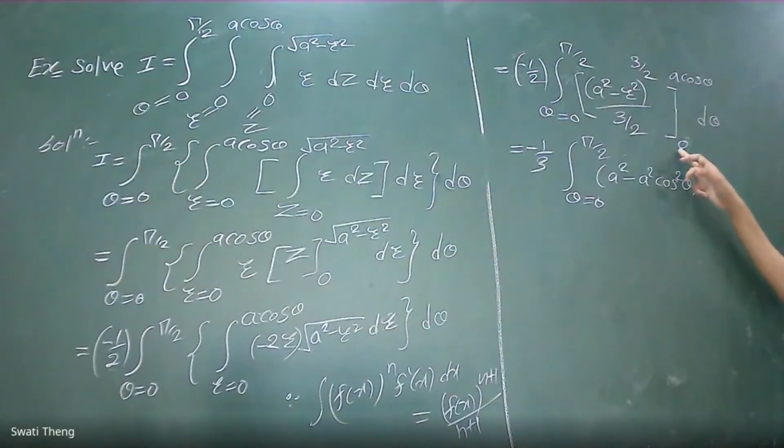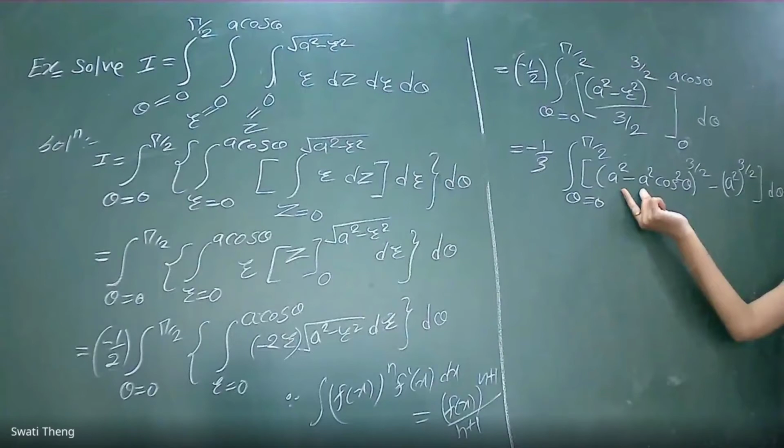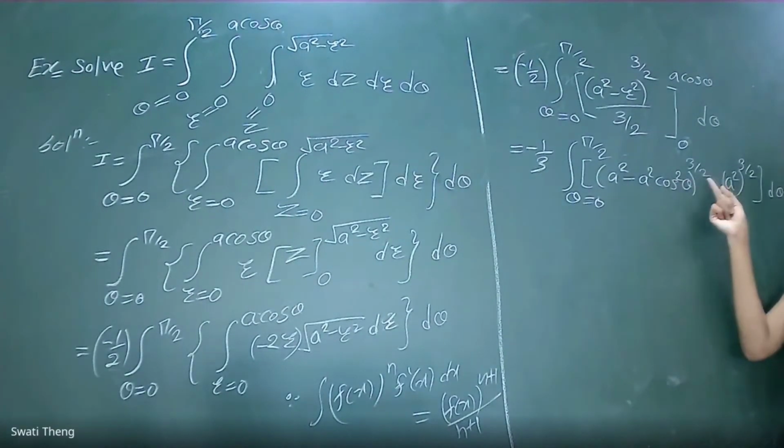Here lower limit is 0. So when we put 0, then it is a square raised to power 3 by 2 into d theta. Now from this bracket we can take a square outside and the whole power is 3 by 2.